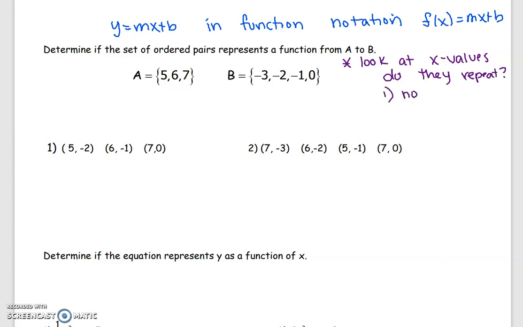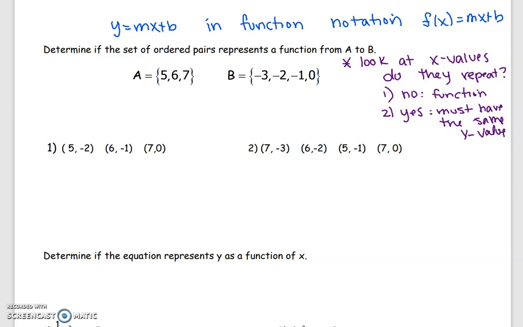If no, then it's a function. If yes, they must have the same y value to be a function.